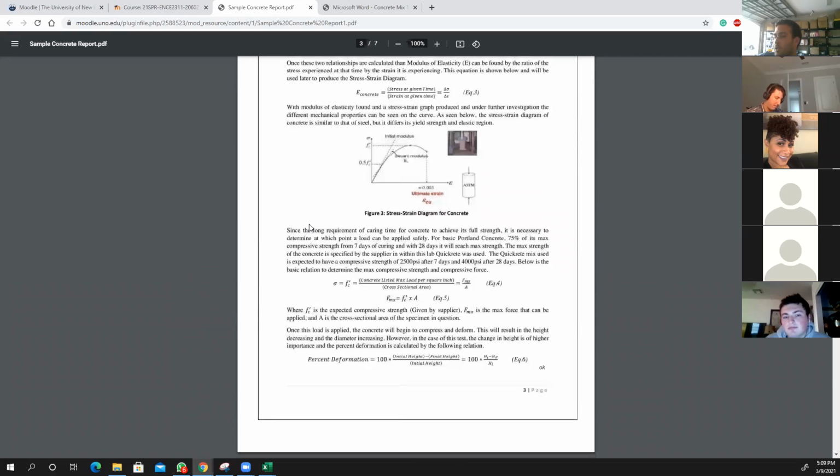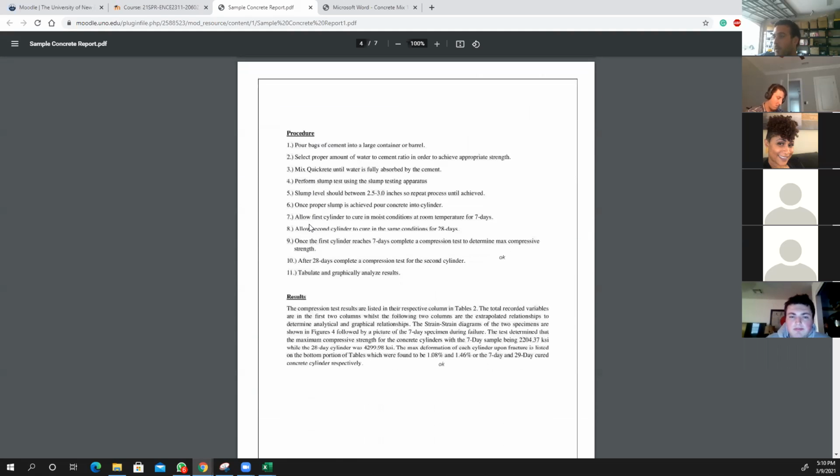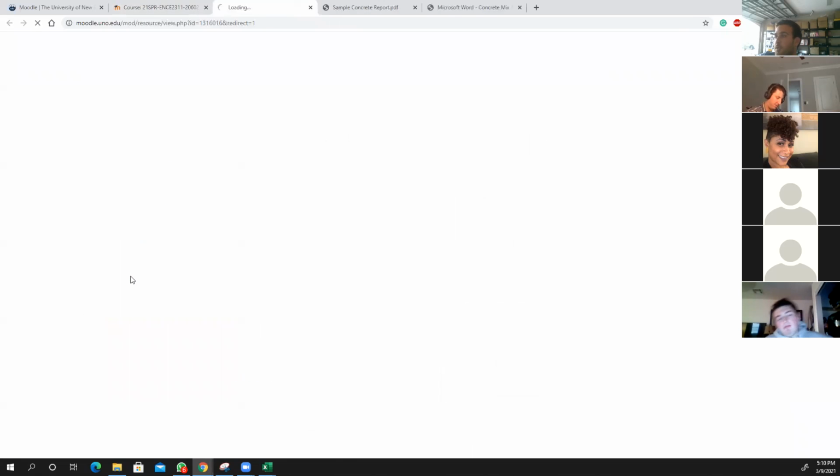Since this report consists of 3 phases, it's a combination of 3 lectures. This report should be longer than the other reports, so you should spend more time on it. You should elaborate on the theory section and the procedure and get into the details. The procedure is the same as on the handouts. For the slump procedure, you can look at the handout for slump. Slump test right here.